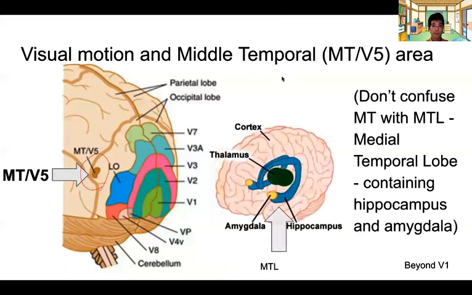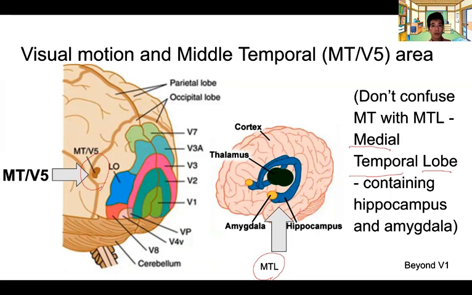And just one word of caution. We will talk about MTL, at least in the next lecture, and it is the medial temporal lobe. Medial means the inside compared to lateral, and temporal means this temporal lobe.